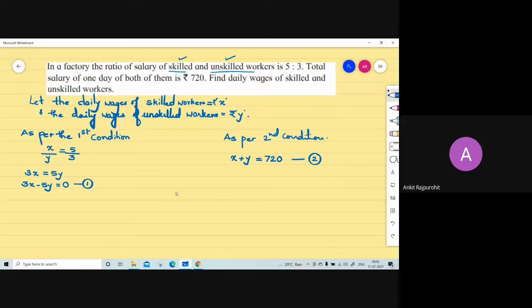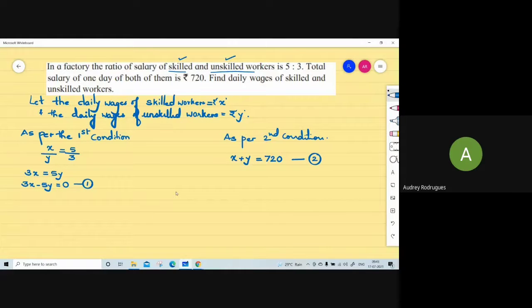Now, with condition 1 and condition 2, I want you to solve. Finish the whole sum, get the value of x, get the value of y. That means get the daily wages of the skilled worker and the daily wages of the unskilled worker. Once you're done, raise your hand. I shall ask you for the steps, because by now you should know how to solve.